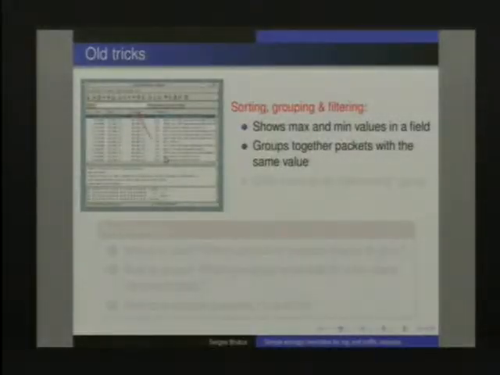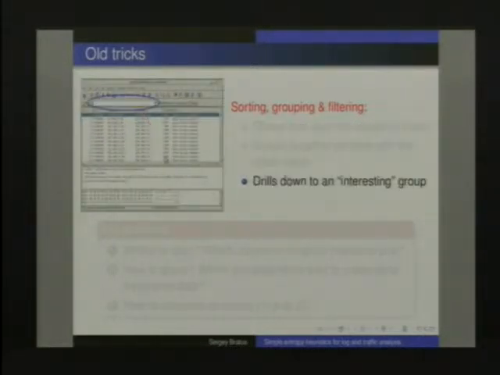So, uncertainty. There is actually a mathematical formalism for dealing with it, and that is entropy. People deal with uncertainty in Ethereal, in Wireshark, very simply. Click on the tab, sort it up and down, see the max and min value according to some sorting order, alphabetic most likely. Once you've done that, you can group values together, and you can use filtering. Drill down to the group of interest.